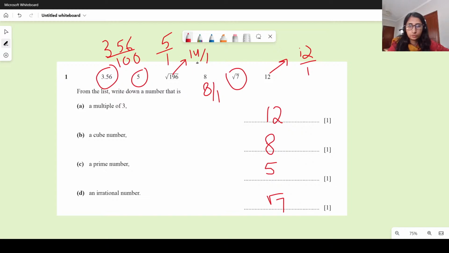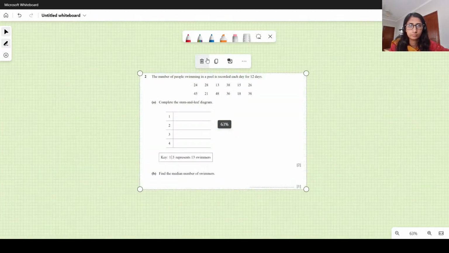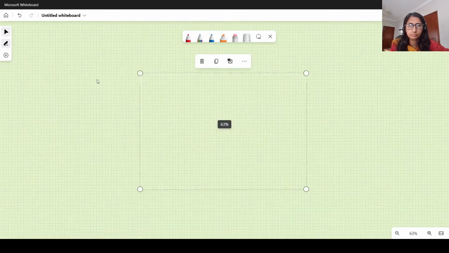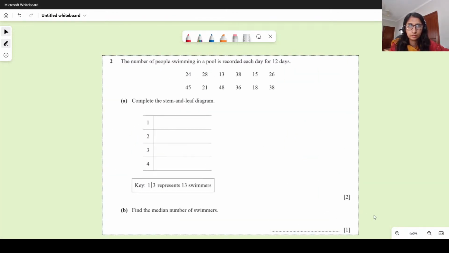Let's take a look at question 2. Stem and leaf.